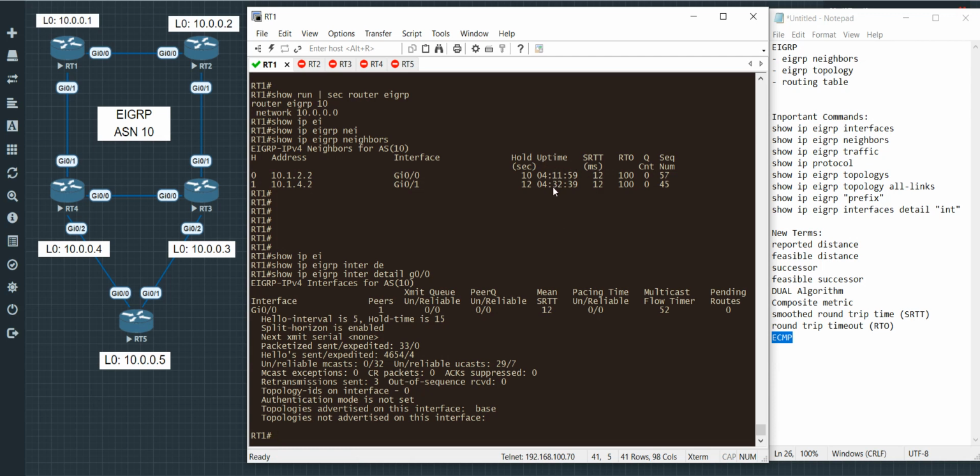The uptime is self-explanatory. The soft round trip time is important to keep in mind. The soft round trip time basically is a time in milliseconds, the amount of time that the router is waiting for a reply from the neighbor.